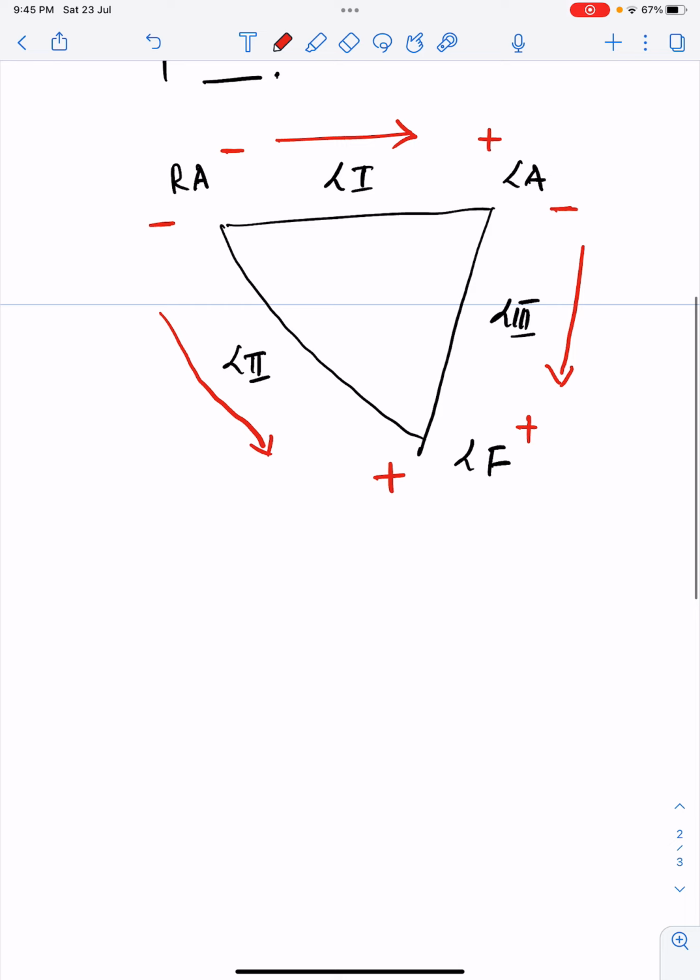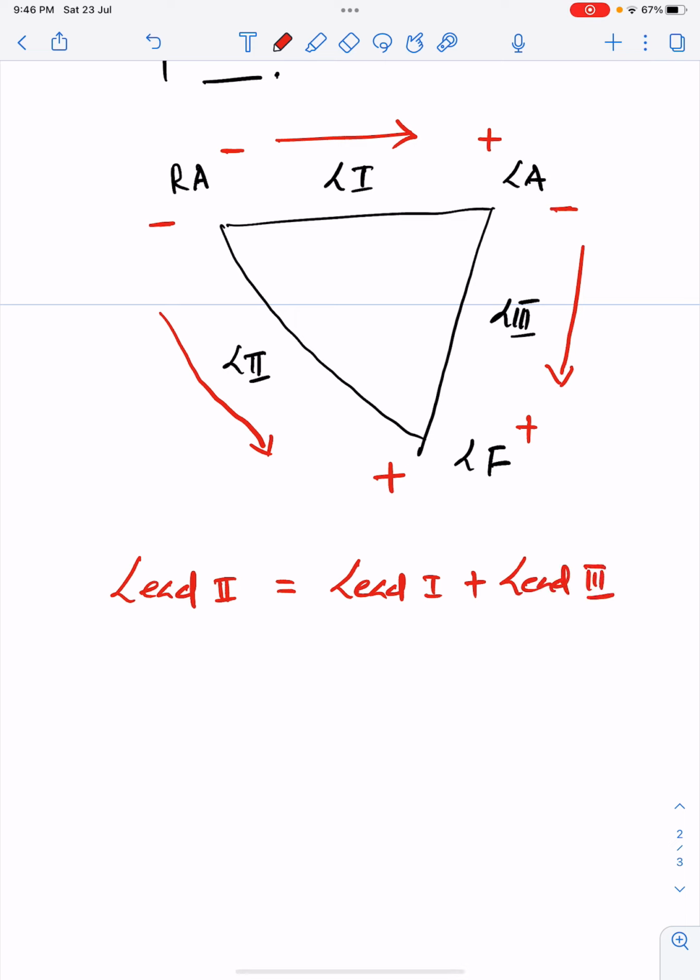So from this diagram, it is very clear that lead 2 is equal to lead 1 plus lead 3. That is, lead 1 means left arm minus right arm, plus lead 3 means left foot minus left arm.